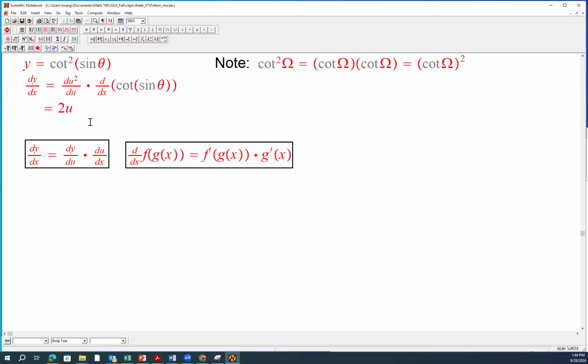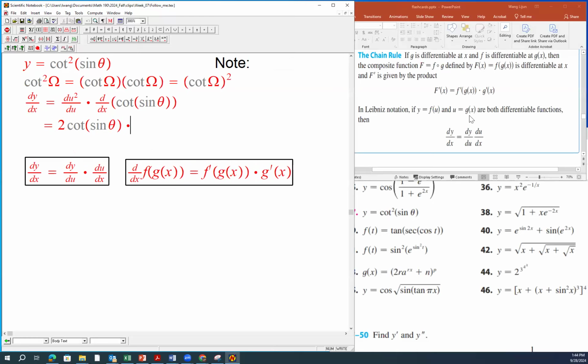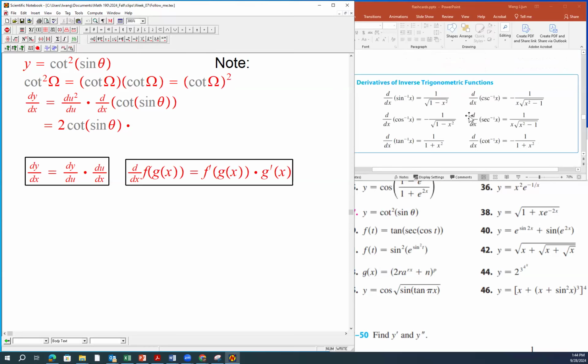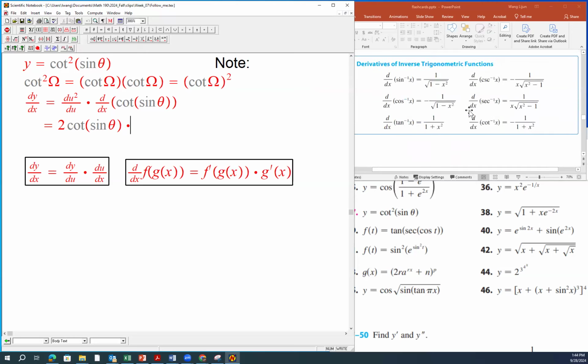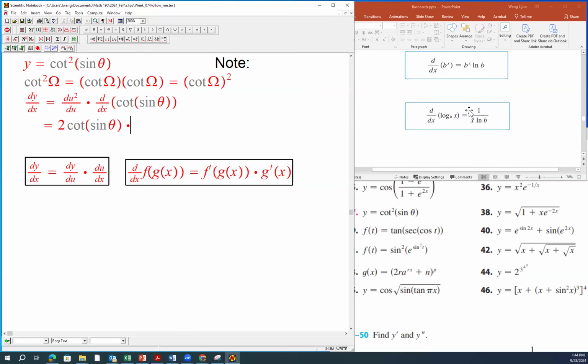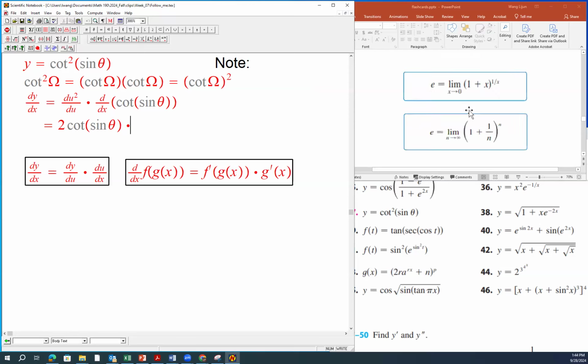Even though that step is optional, this is going to be 2u. I'm going to replace u by what u was. We don't need the parentheses anymore. And we're differentiating cotangent. What's the derivative of cotangent? Does everybody know that? I hope so.